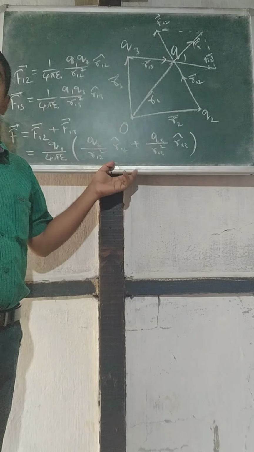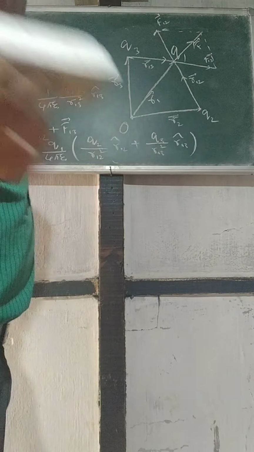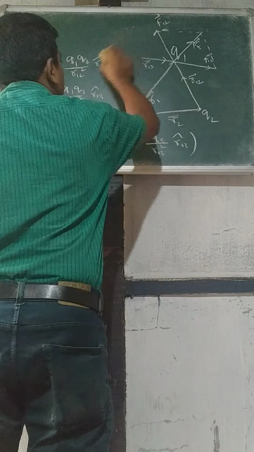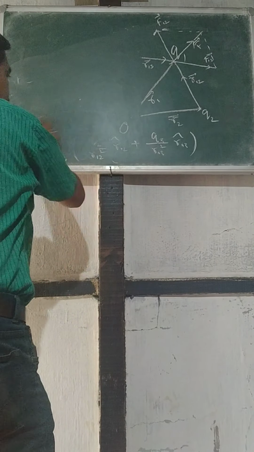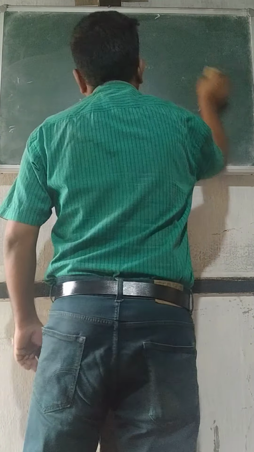Okay, now there are many charges, say 5 charges, then your diagram will be something different. So first, let us draw the diagram.